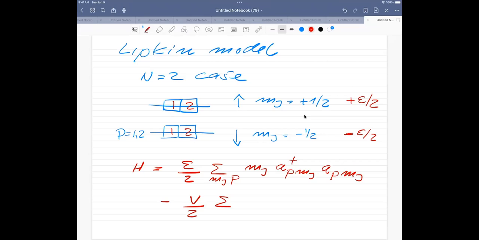So there is an interaction piece where you still sum over these numbers, and then you have a p and p prime. So we have a constant interaction. The strength for the interaction is constant. I have an a p dagger of mj. So that means that these two states have to be in the same lowest lying state.